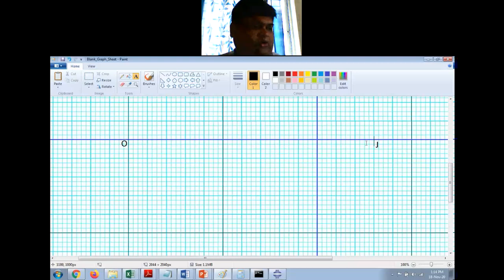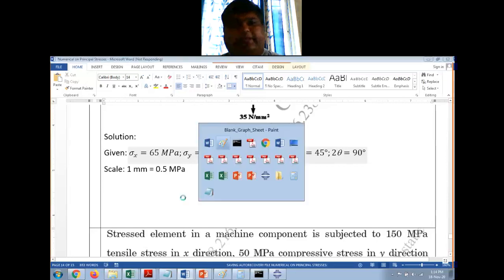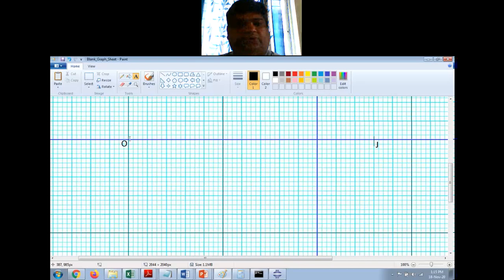Then you have to draw sigma y. Both are normal stresses. Normal stress is on the x-axis, shear stress is on the y-axis. Now, what is the second one? Sigma y is 35 megapascal. So 35 divided by 0.5 will be 70 millimeters. So from here you measure 70 millimeters. This is 50, 60, 70, right?